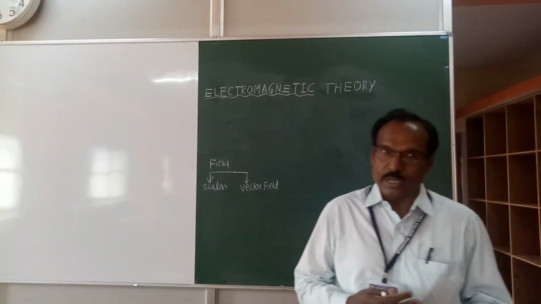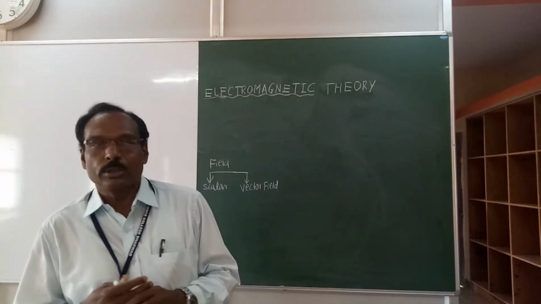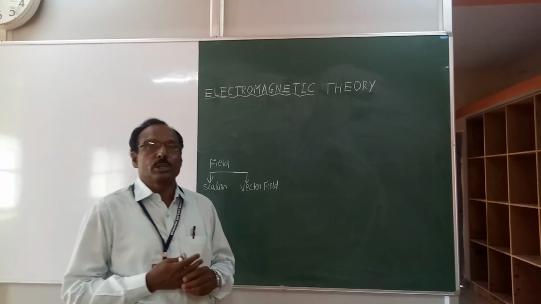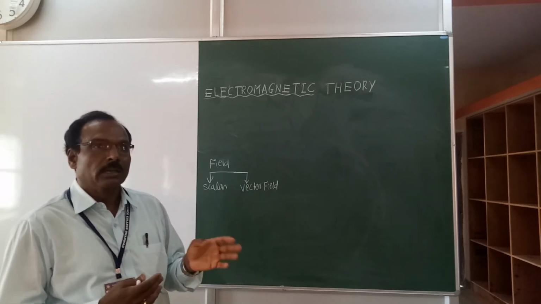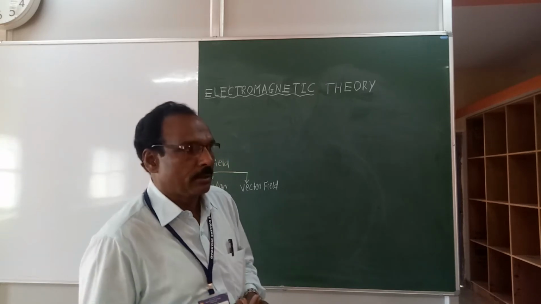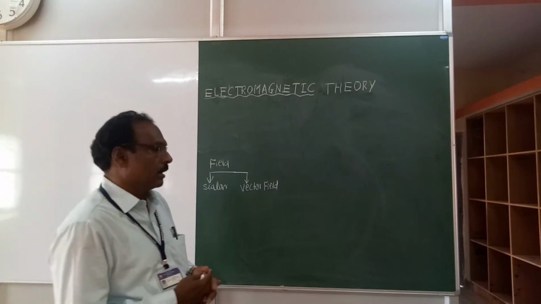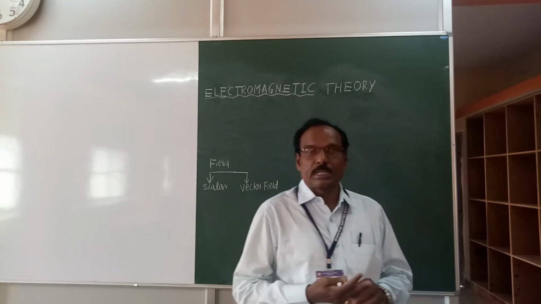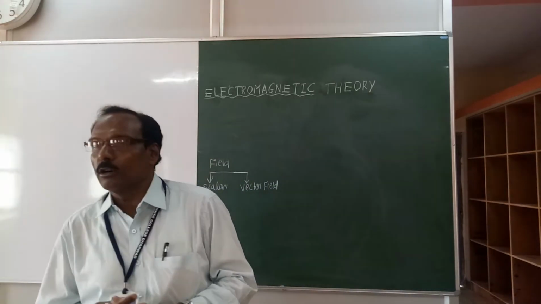There are 4 equations. In order to derive or understand these Maxwell's equations in differential form, we need a mathematical background like Stokes theorem, Green's theorem, Gauss theorem, line integral, surface integral, volume integral, as well as gradient of a scalar, divergence of a vector, and curl of a vector.